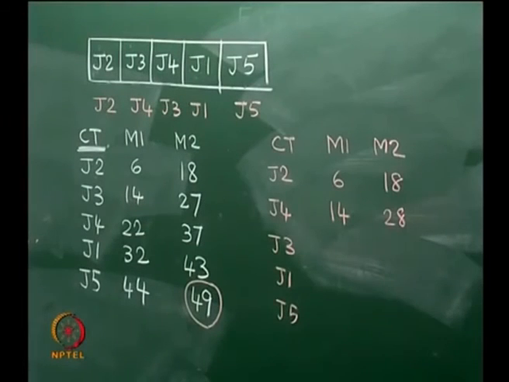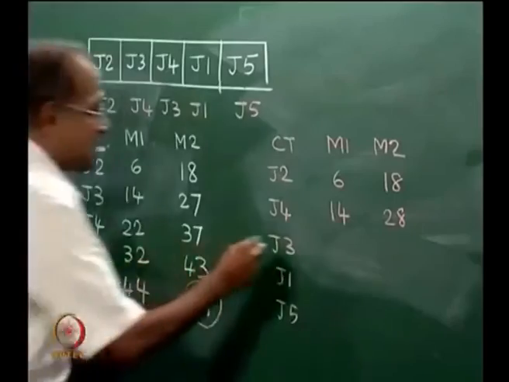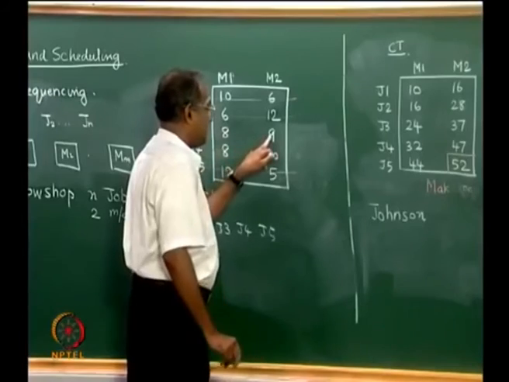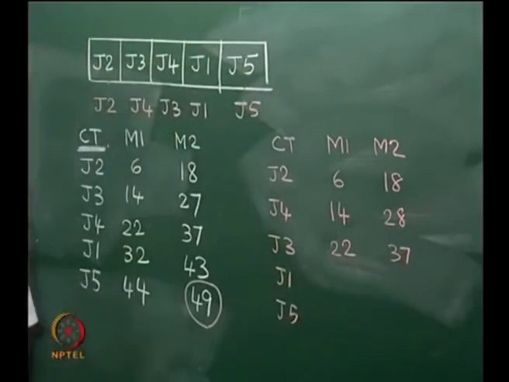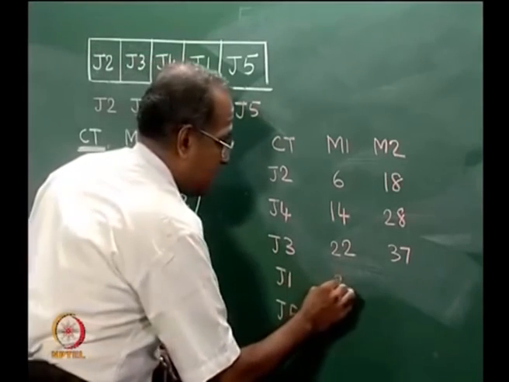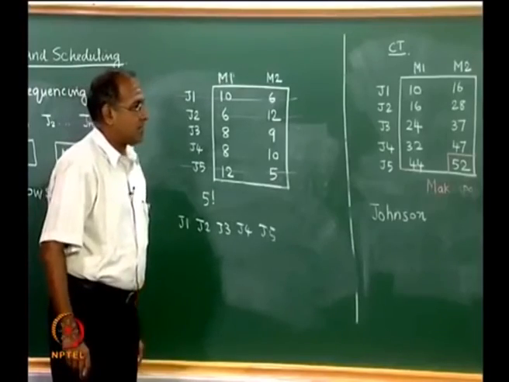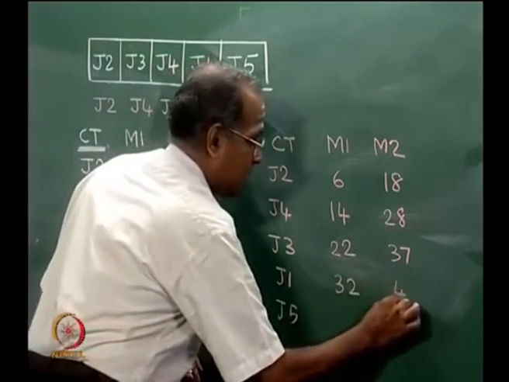Now, J3 can start at 14, takes another 8 units of time, so 14 plus 8, 22, waits for 6 more units, goes to M2 at 28 and then plus another 9, finishes at 37. Now, J1 can go to M1 at 22, takes 10 units of time, finishes at 32, waits for 5 more units of time to go to M2 at 37, takes another 6 units and comes out at 43.